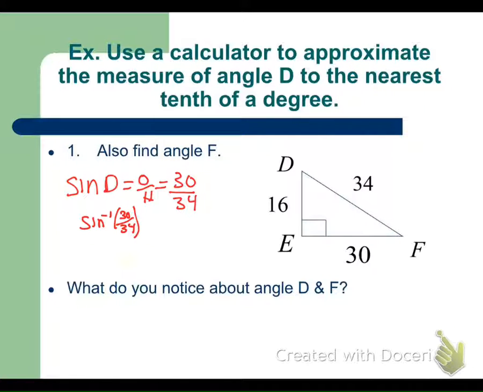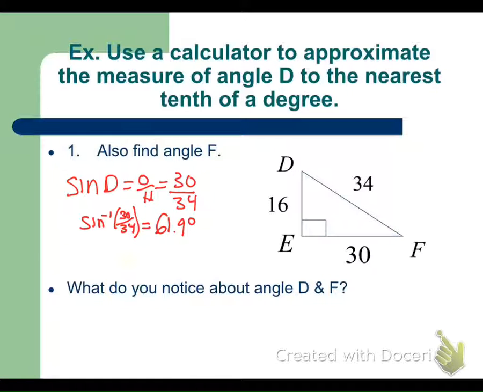Remember that second sine, and then you put in your fraction of 30 divided by 34, and that will give us our angle measure. So what is it? I heard two of you say 61.9. Yes, 61.9 degrees.